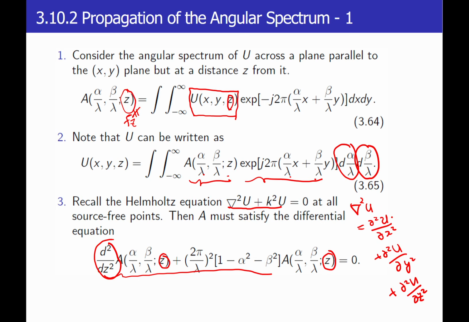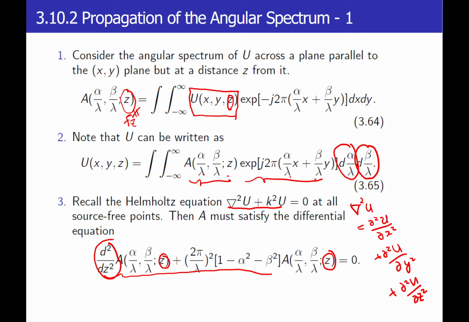The u(x,y,z) has this dependence, so when you take the double partial derivative for x, this part comes out, and if you take the double derivative for y, this factor comes out.